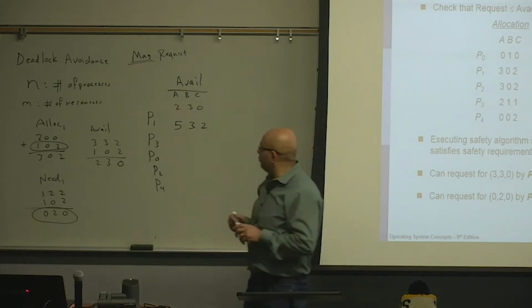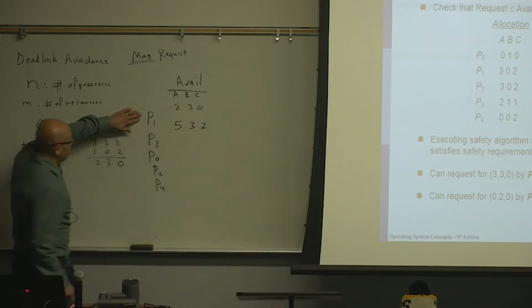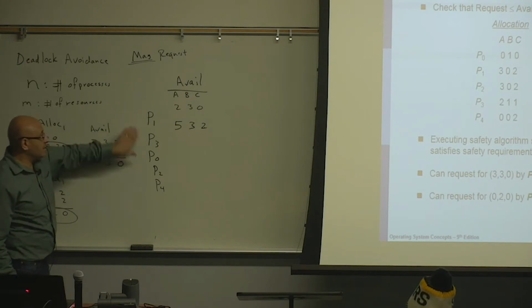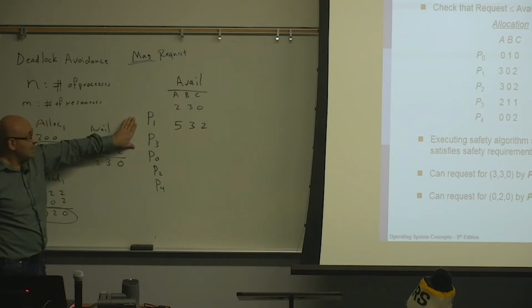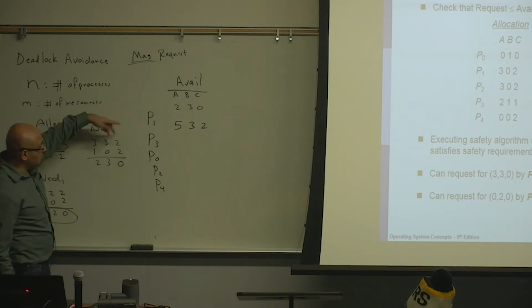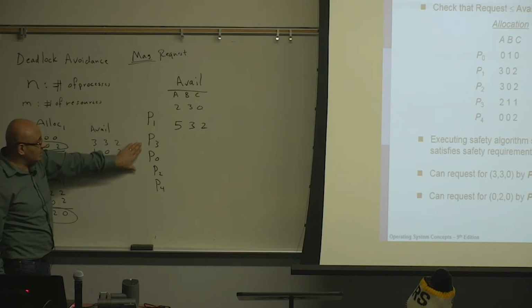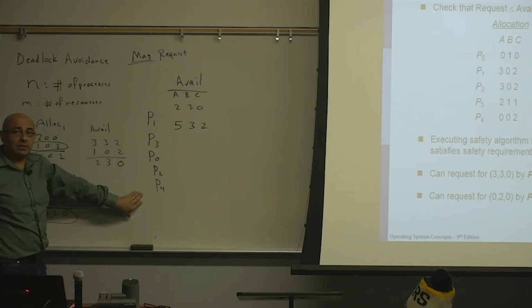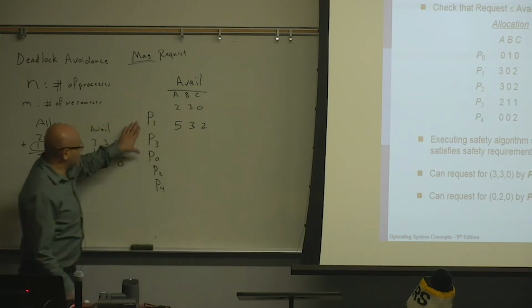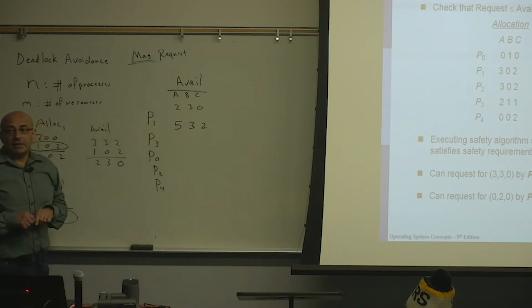So if we found this safe sequence, P1, P3, P0, P2, and this safe sequence is unique, are you asking that in this case we must execute the processes in this order? No, not necessarily, because this is a worst case analysis of what may happen in the future.